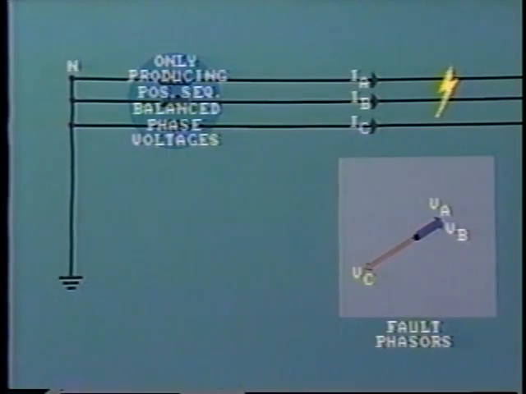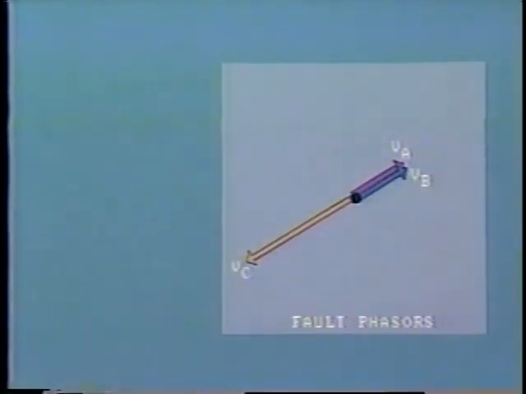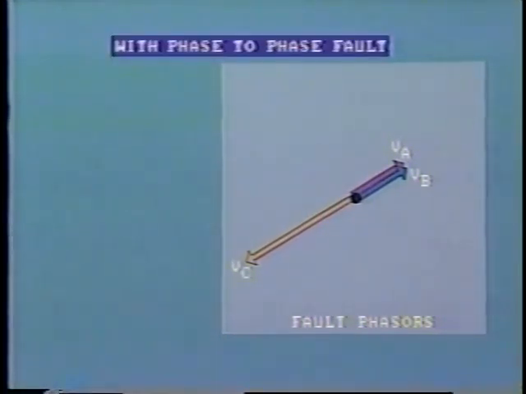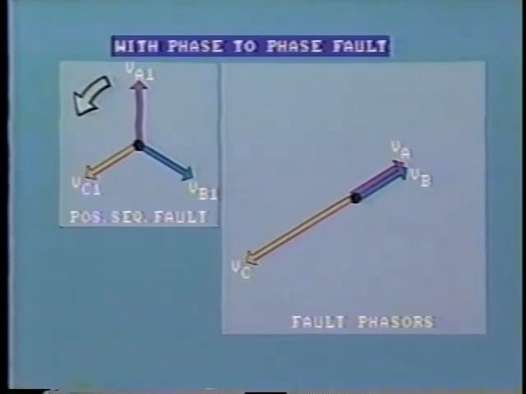Now, remember, the generator, as always, is still producing positive sequence phase voltages. But at the fault, the voltage phasors look like this, with the different phase voltages being identified by VA, VB, and VC. The voltage at the fault on the unfaulted phase is approximately equal to its pre-fault value, and with our phase-to-phase fault, the positive sequence fault voltages are about 50% of this.